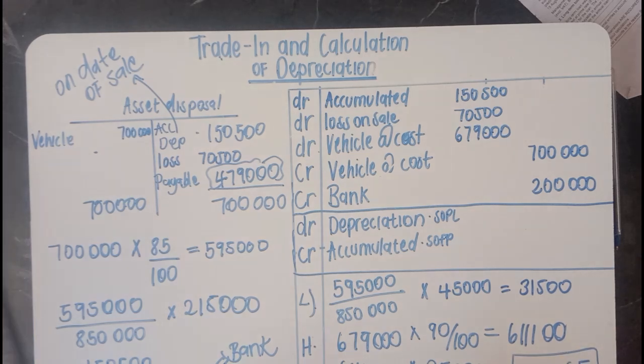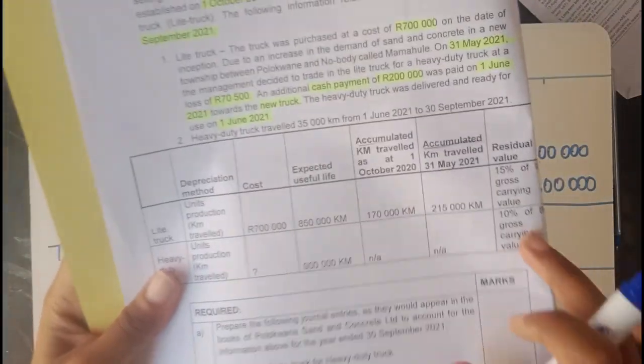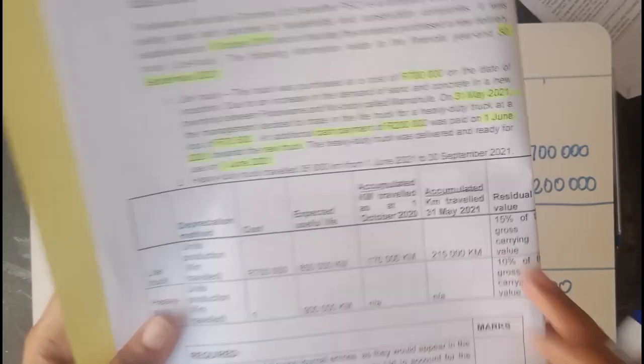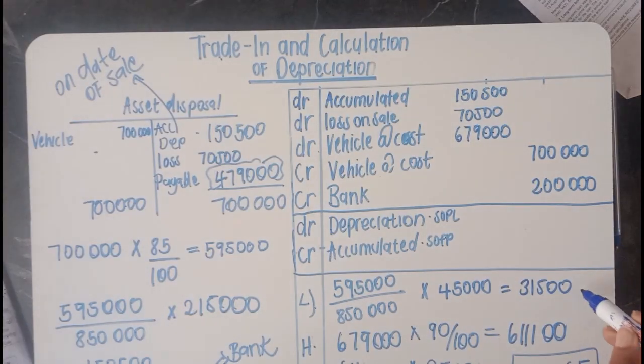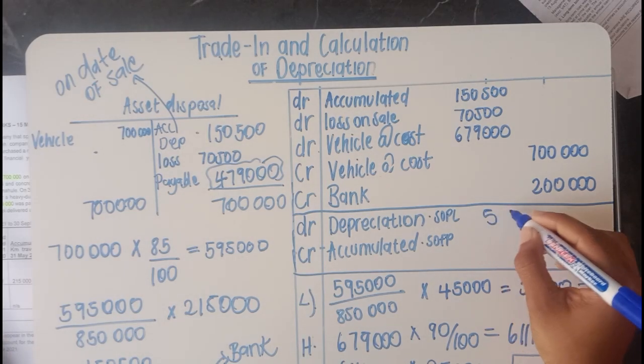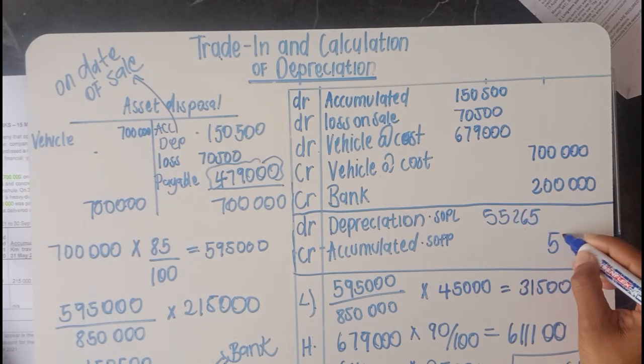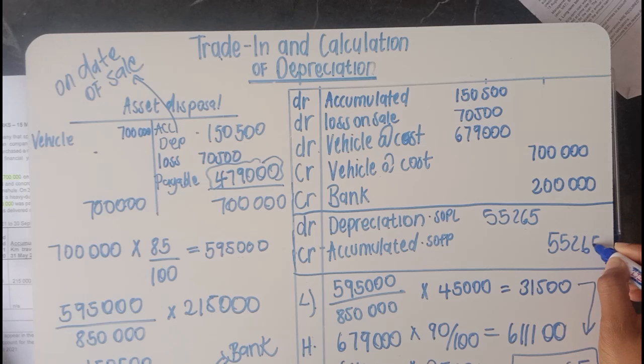So I got the 350 here, and I got the 900,000 here, and the residual value I got it here. So we're going to add these two to get the depreciation amount. So you're going to have plus the 2,500, and you're going to have 5,5,2,6,5, and then the narration will be recognition of depreciation expense.